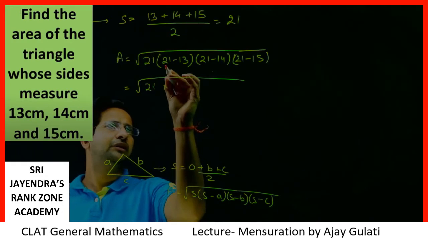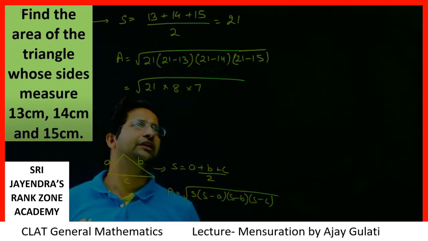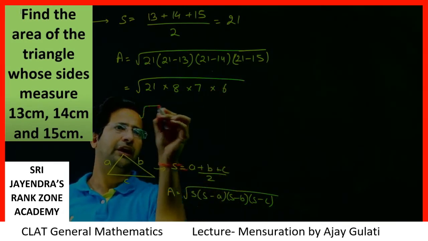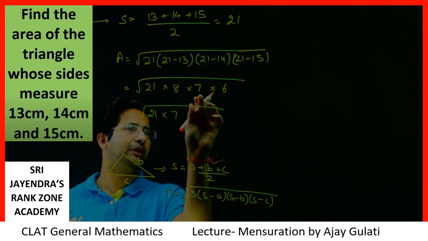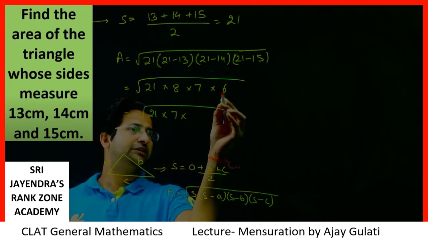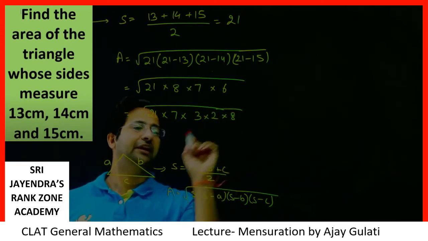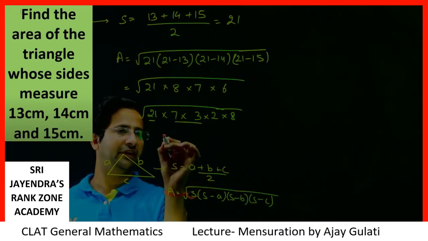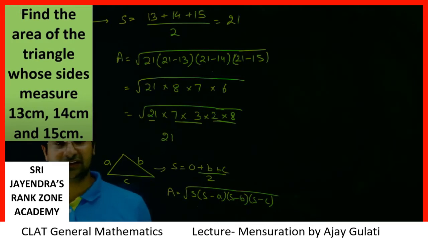Then comes 21 minus 13 is 8. 21 minus 14 is 7. 21 minus 15 is 6. What I am doing is I'll create one more 21. 21 into this 7 comes over here into 3. 6 is what? 3 into 2, and this is 8. This 8 I write over here. 21 and 21 will give me 441. 2 and 8, 16. 16 will give me a 4.